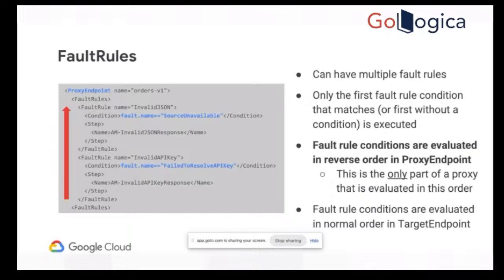Whichever fault rule is at the bottom will be executed first. I don't know why it is this way, but it is the only section. In the target endpoint, if you have fault rules, that will be top to down only. But in the proxy endpoint, if you have multiple fault rules, it will go from bottom to up.